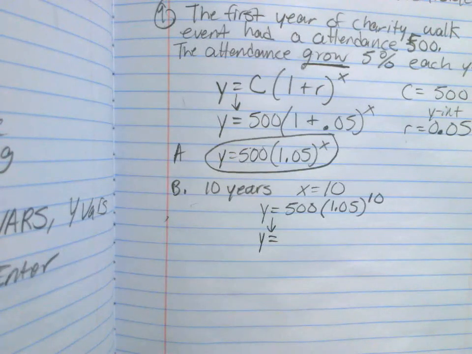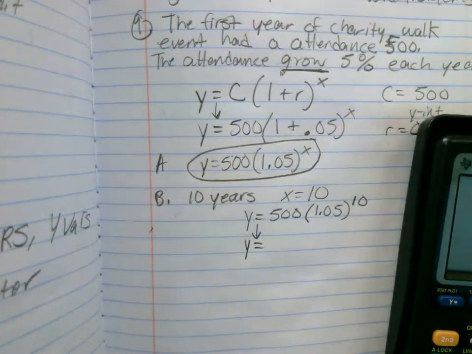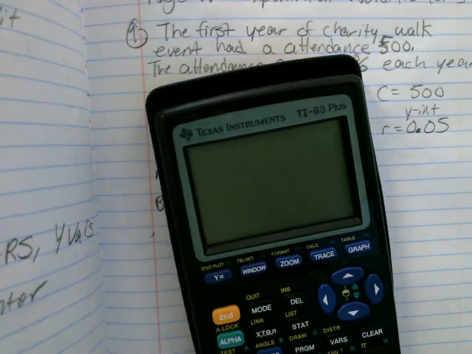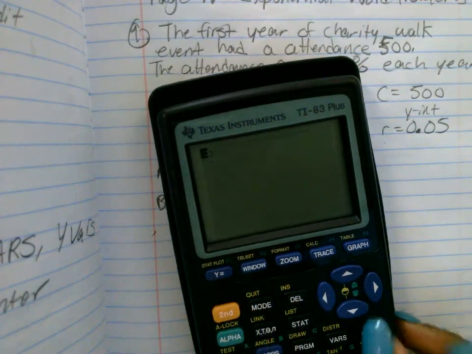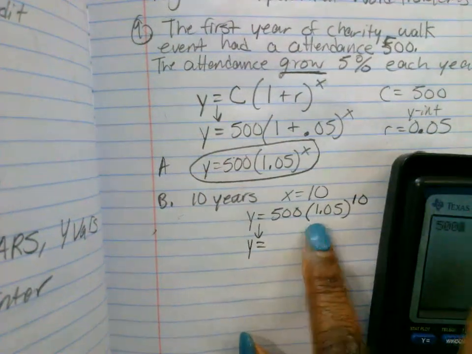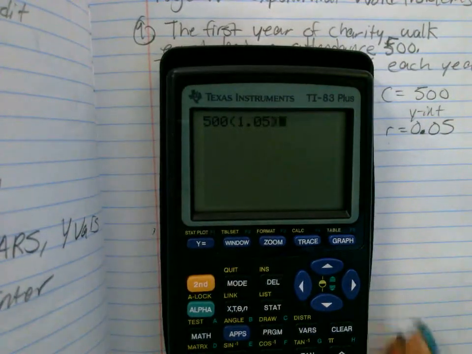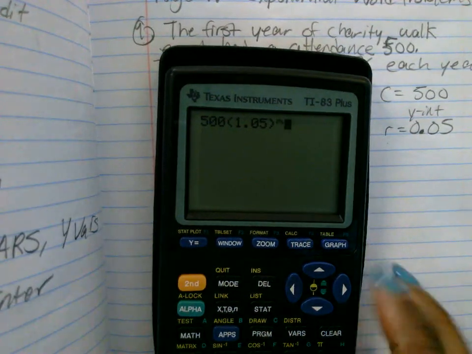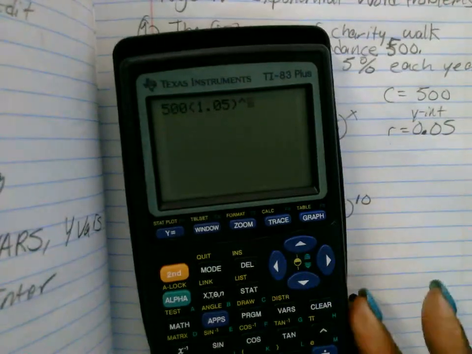Calculator. 500 times, or parentheses, 1.05, caret key, 10 years. Raise it to the 10th power.